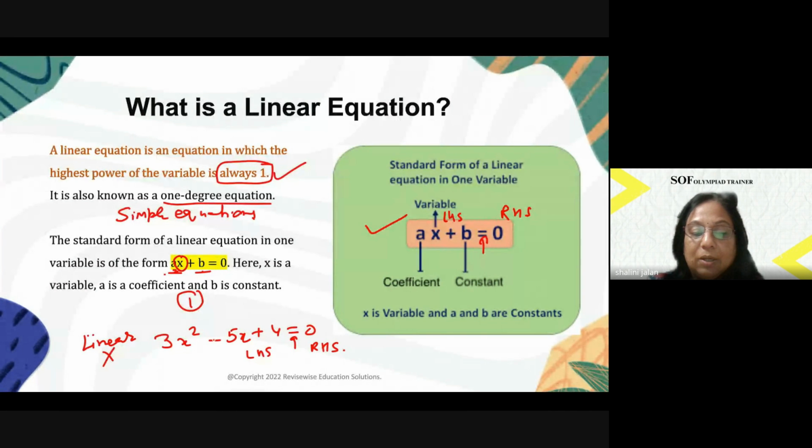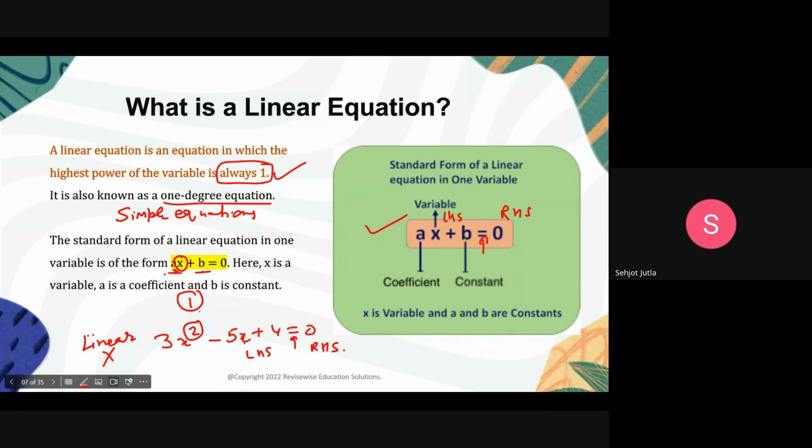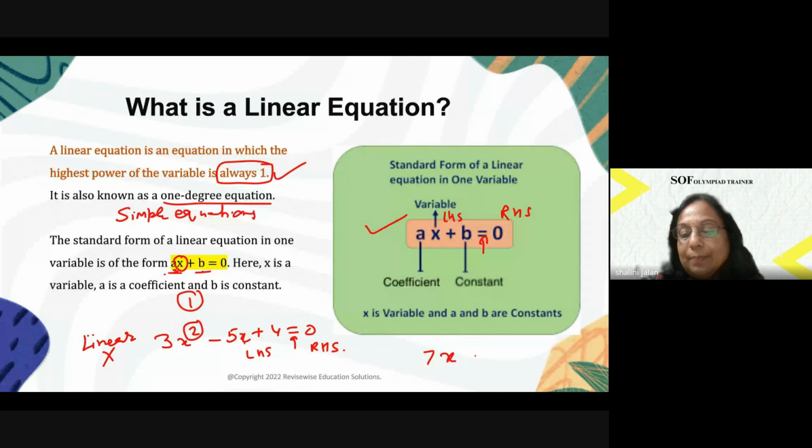Why? Because the maximum exponent of the variable is 2 here. It should be 1, right? So if we say 7x plus 4 is equal to 0, the maximum power of x here is 1. So this will be a linear equation.